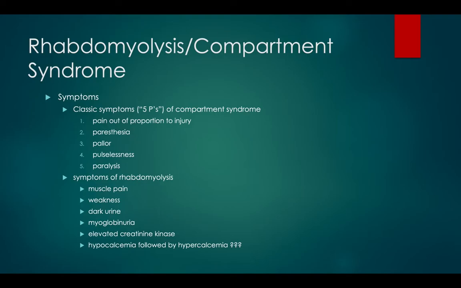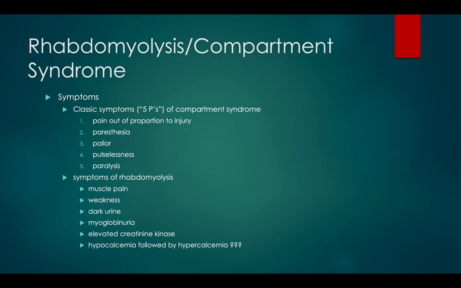You also get paresthesia. So this is a reflection of the nerves within that area not getting good blood flow. It's analogous to when you wake up and you've been sleeping on one side and your arm falls asleep. So that's what a paresthesia is, that tingling sensation that you get. You get pallor, which is, again, a reflection of not getting oxygenated blood to the tissues, so the tissues become pale.